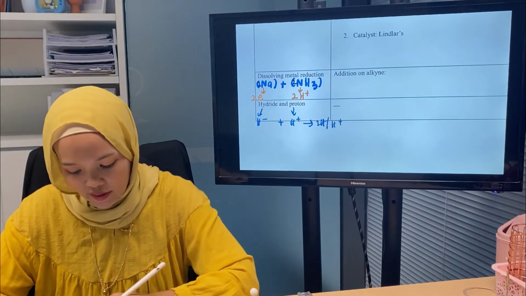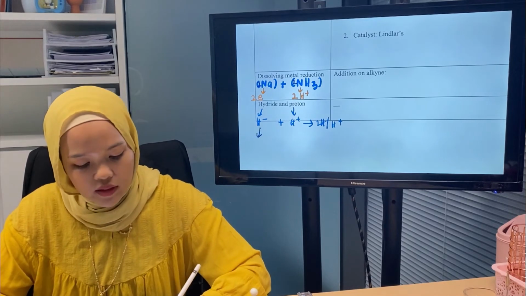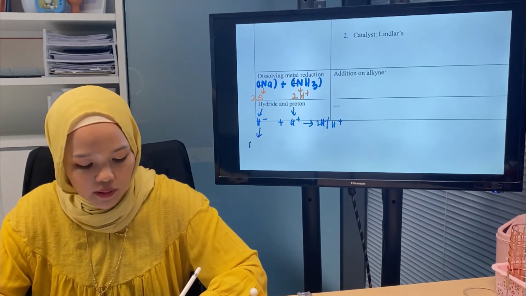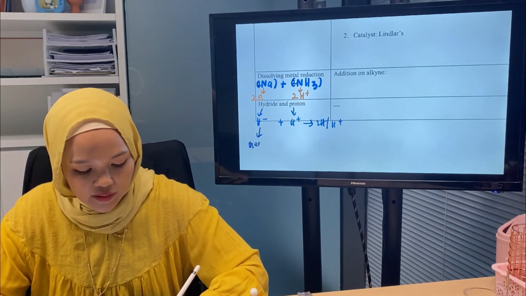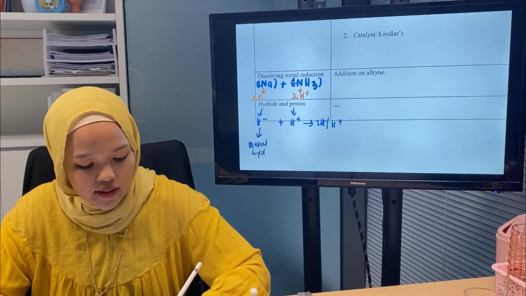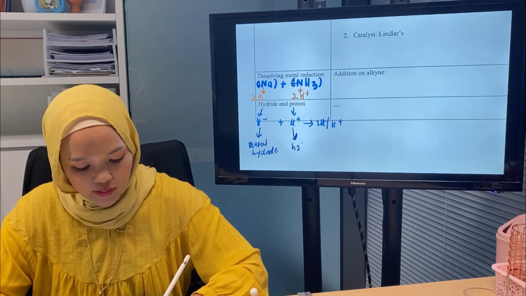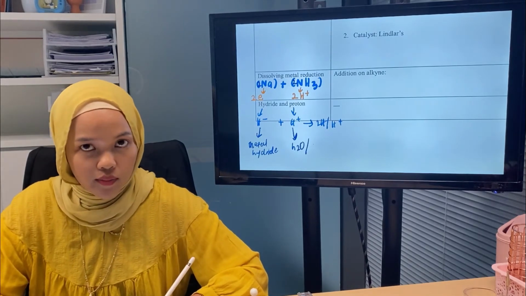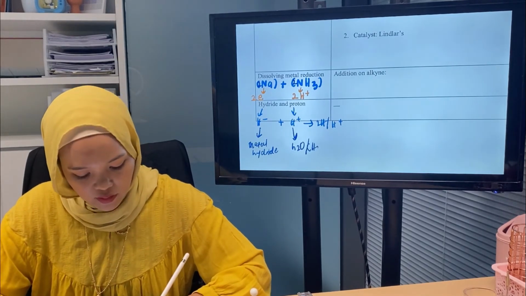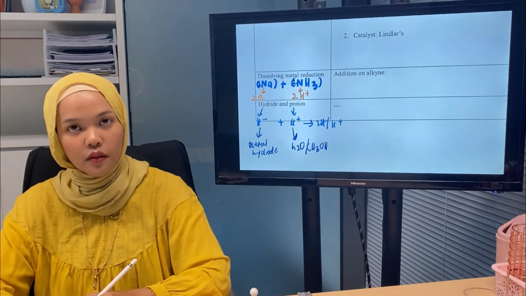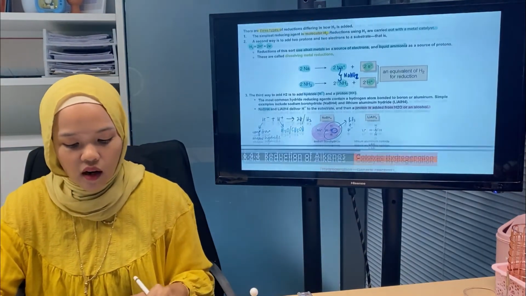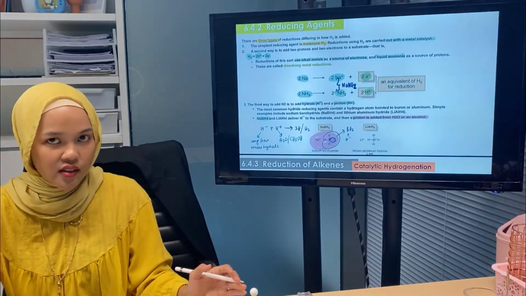So where does this come from? This one will come from the metal hydride. You must mix the metal hydride with water or alcohol, for example methanol here. So that's it. These are the types of reducing agents.